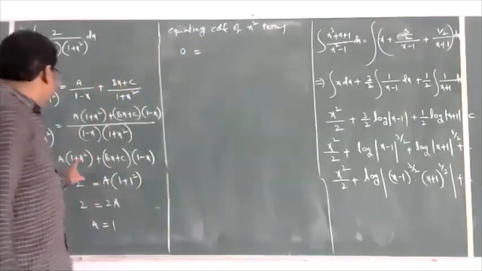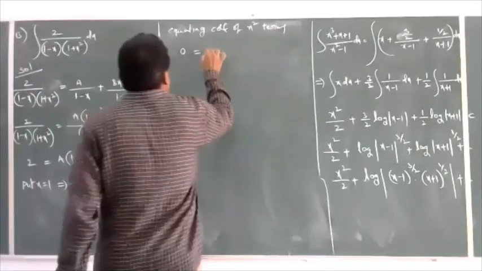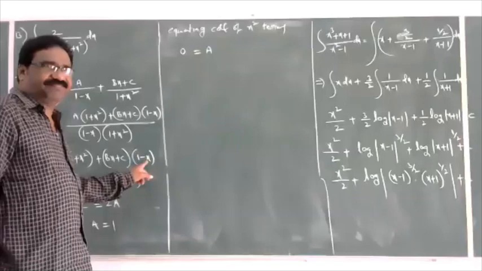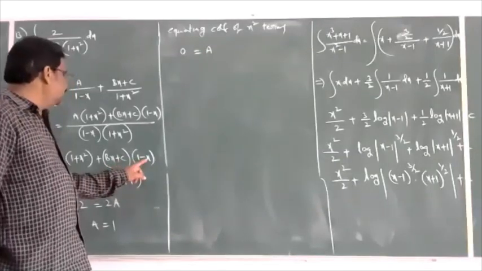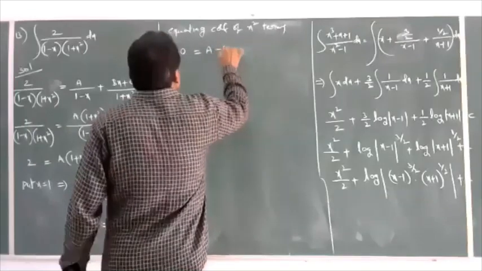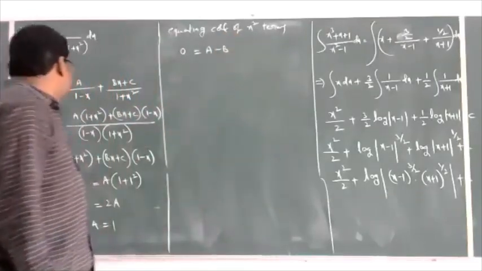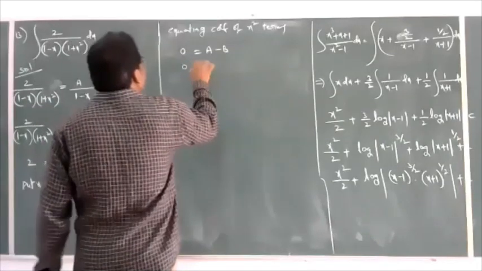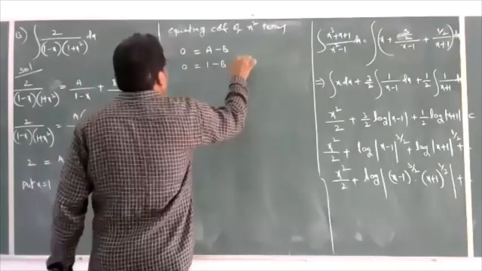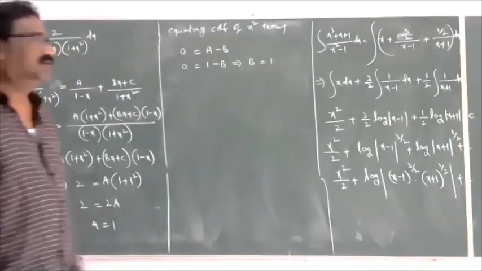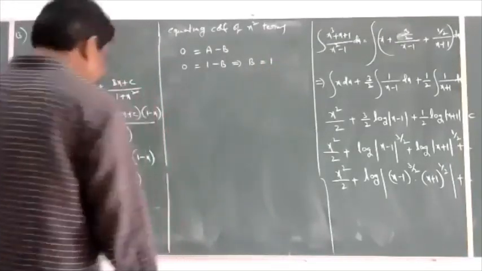On the LH side, A x square gives A, and Bx into minus x gives minus B x square, so minus B. So 0 is equal to A minus B. What is A here? 0 is equal to 1 minus B, that implies B is equal to 1.